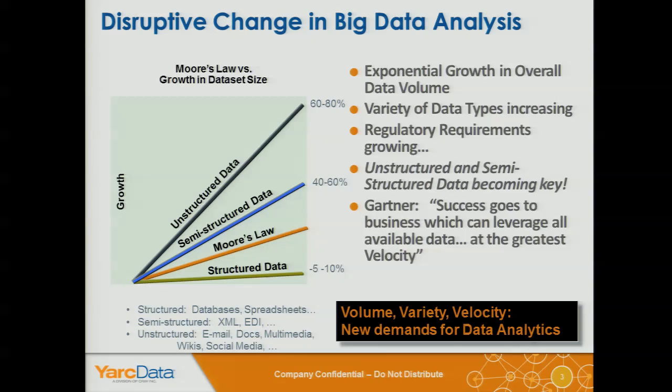So here's our definition of structured, semi-structured, and unstructured. Structured is traditional relational databases, spreadsheets, and things. Semi-structured are things like XML. And then most of it, the biggest thing, is basically what inhabits the web. Email, documents, multimedia things, things like that.